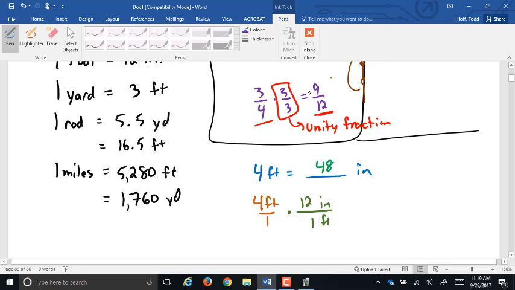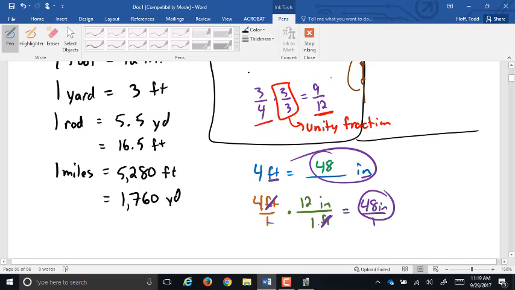Well, that's where the dimensional analysis comes in. I want to get rid of feet and turn it into inches. Well, by putting the feet on bottom, they will cross cancel out. And now what's left? I have 4 times 12 inches is 48 inches. On bottom, I have 1 times 1 is 1.